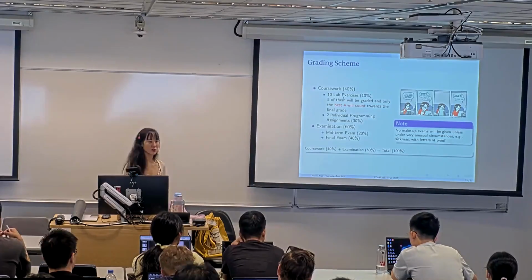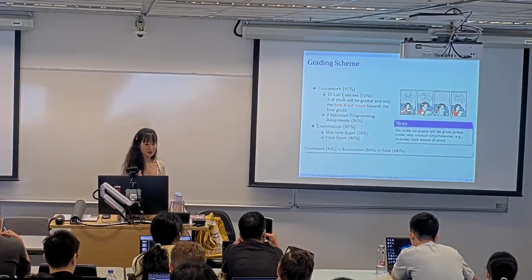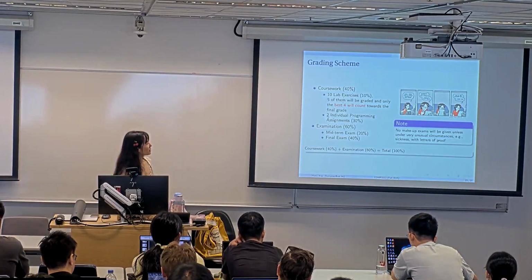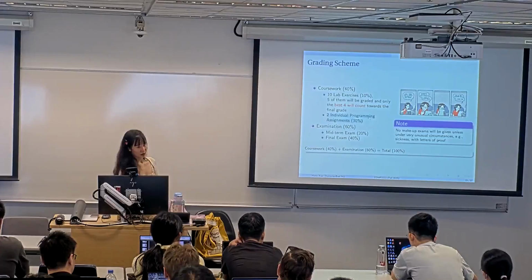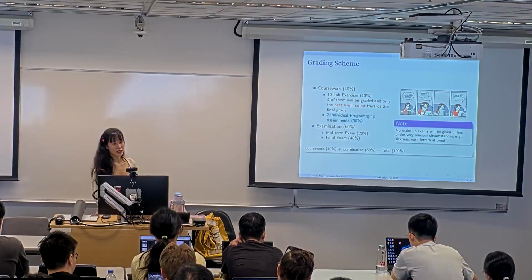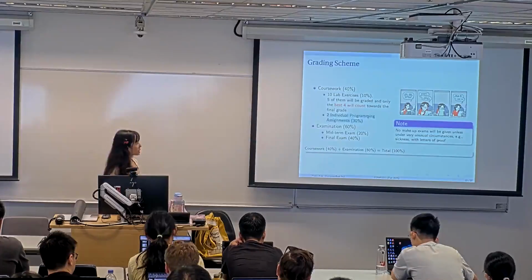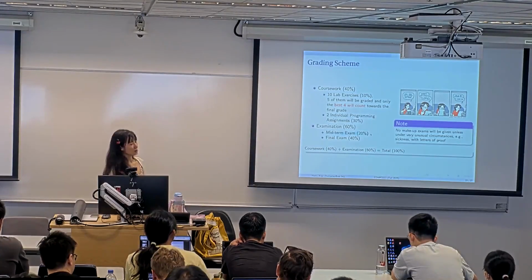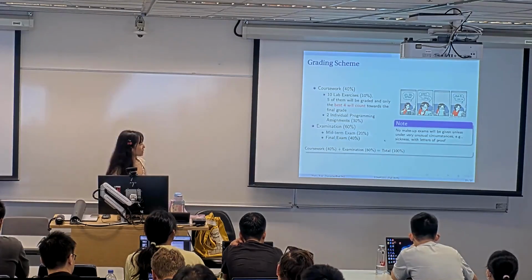So we will do that normalization, still remember, divided by 49 times 10. And 2 individual PAs, 30%, so that means 15% each. We have PA1 and PA2. And for the exams, the midterm exam will count for 20%, the final exam counts for 40%, so the total is 100 points.